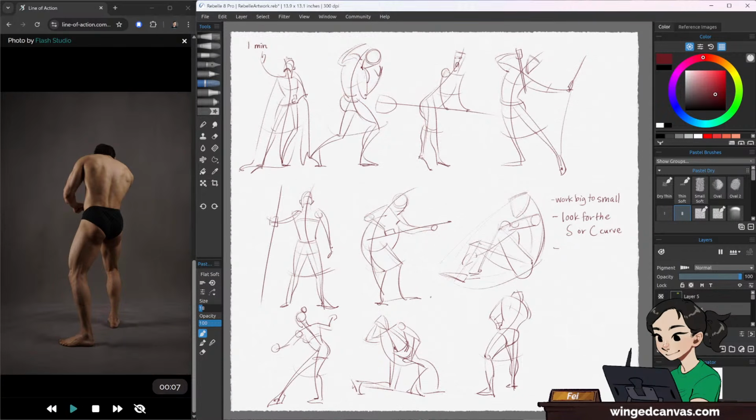Welcome in. Waterflow says, what do you do when you notice that your base structure is not solid, but you already finished coloring your piece? If it doesn't feel solid, it's not really a gesture problem. It's more of a shape and form problem.